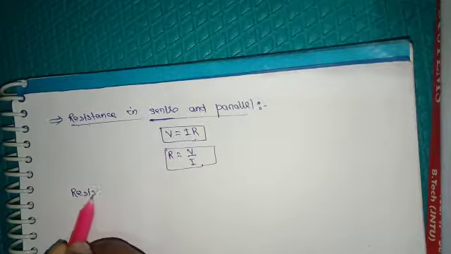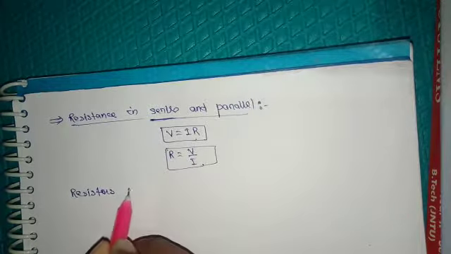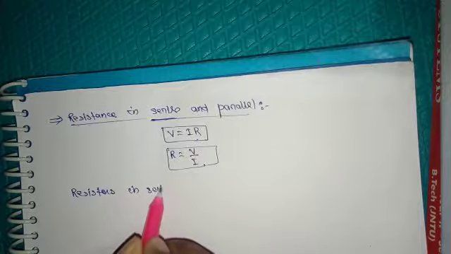Whenever the resistors are connected in series, what will happen?